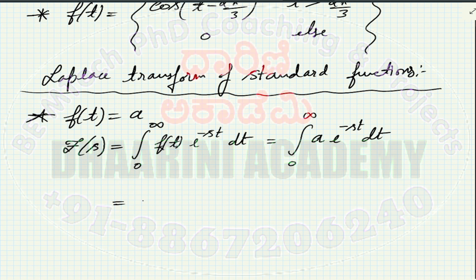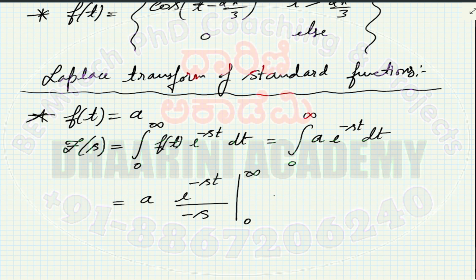So this is equal to a, which is a constant, so we'll write it outside. The integration of e to the minus st is e to the minus st divided by minus s. Now I need to substitute the limits 0 to infinity.